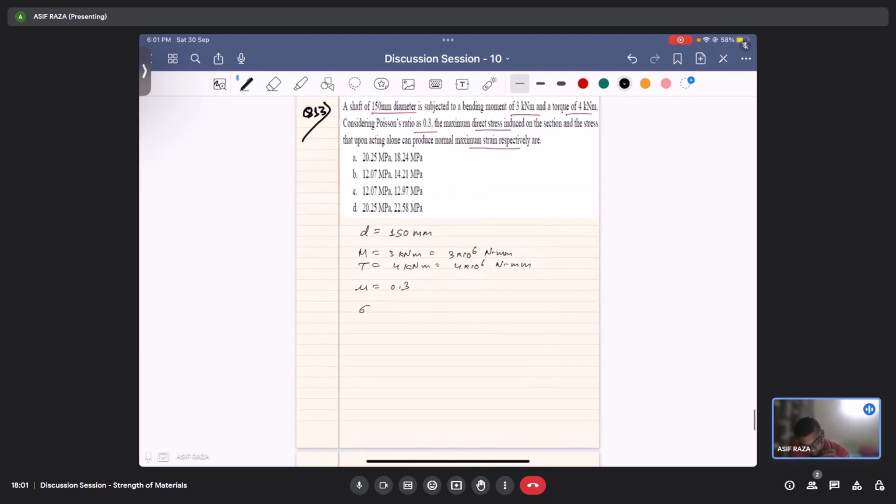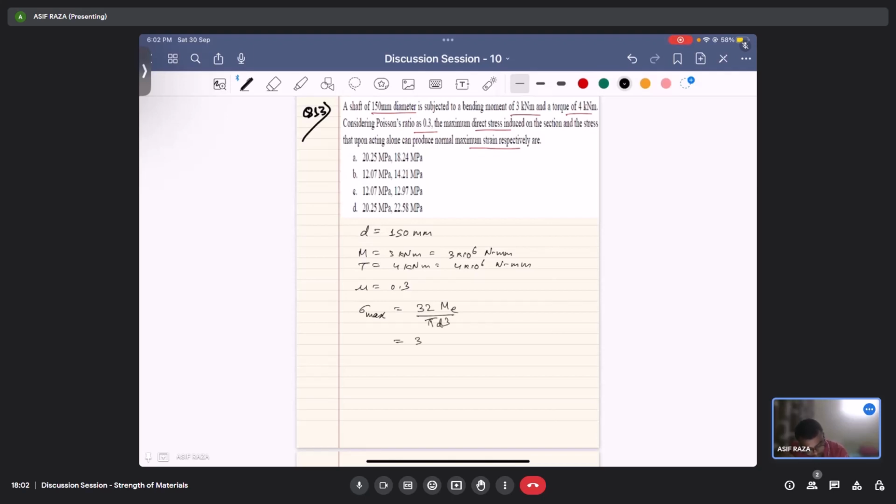Okay, so sigma max is equal to 32 M by pi d cube, right?